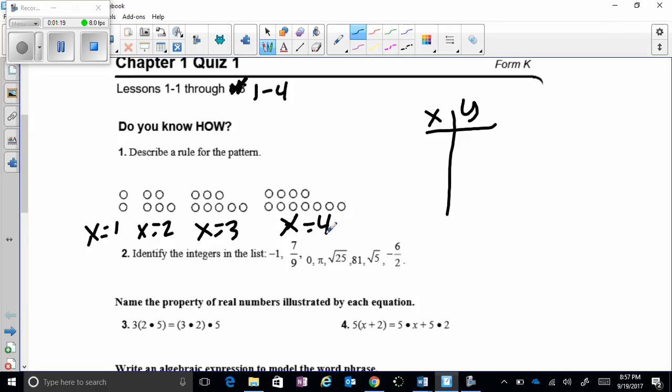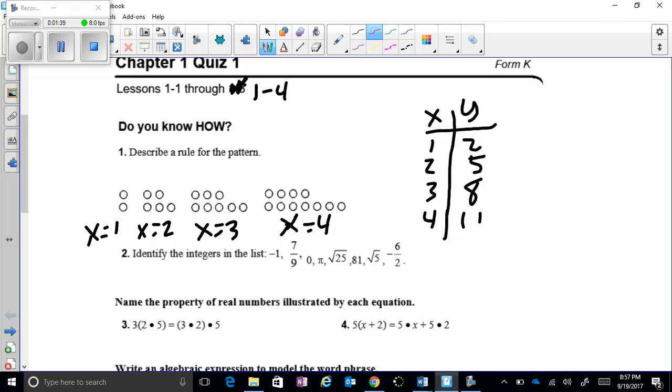So first of all, figure 1 has 2 circles, figure 2 has 5, figure 3 has 8, figure 4 has 11.